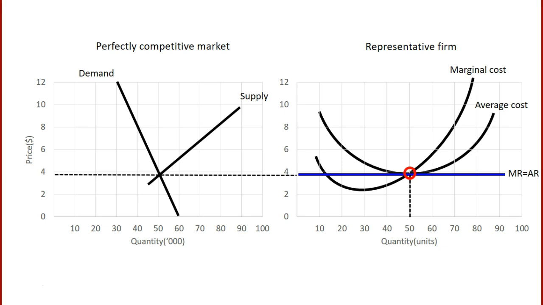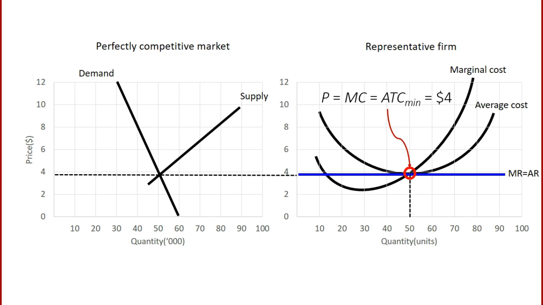So is that being shown here? Is that occurring in this case? If we look at the individual firm, we can see at that output of 50, the price, 4, equals the marginal cost of 4.